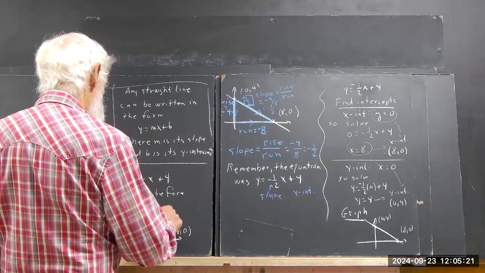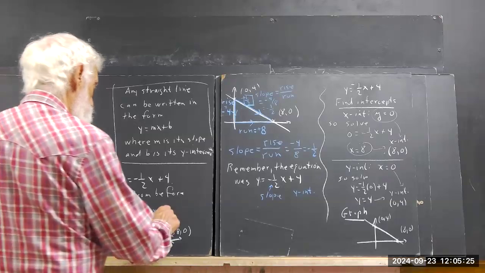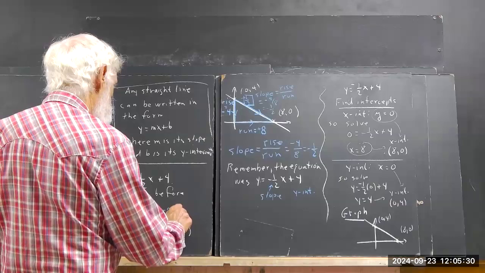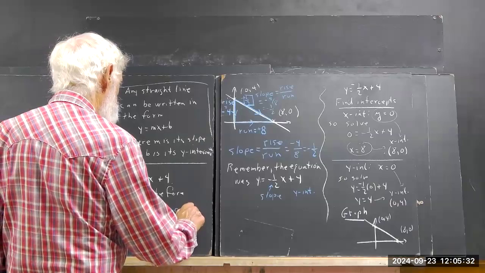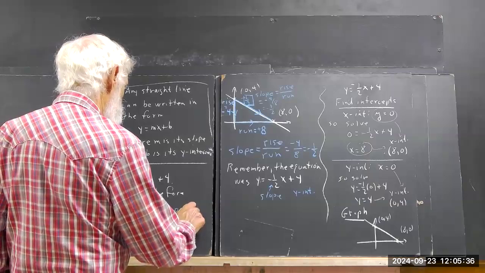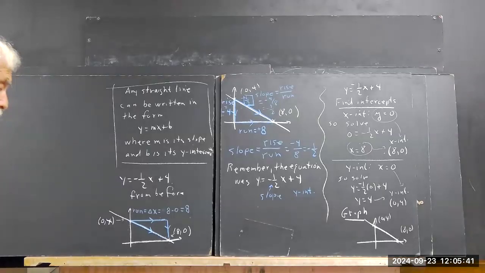which is x goes from 0 to 8. So it's 8 minus 0, which is, I don't know what language it's 8. Okay.